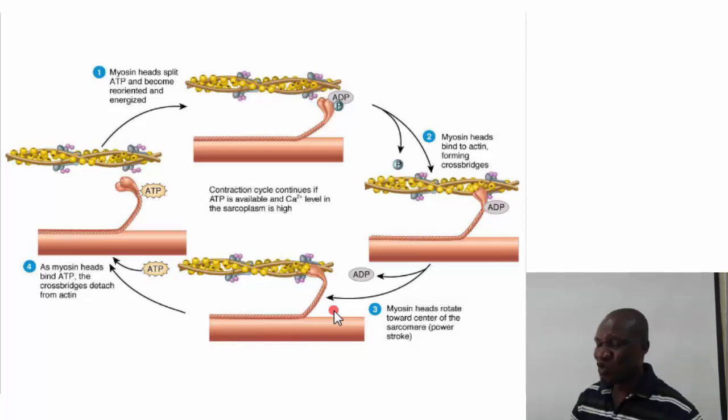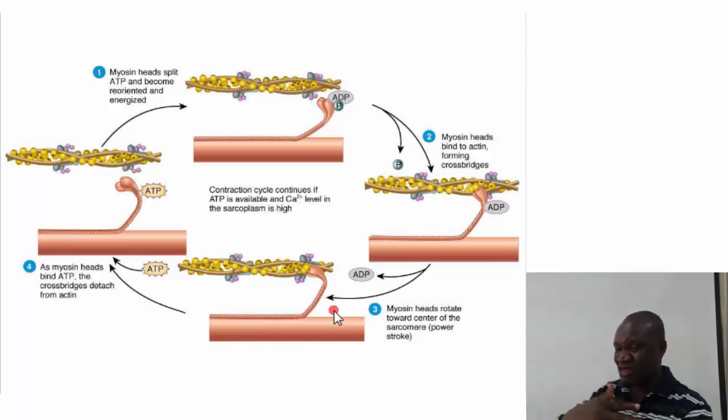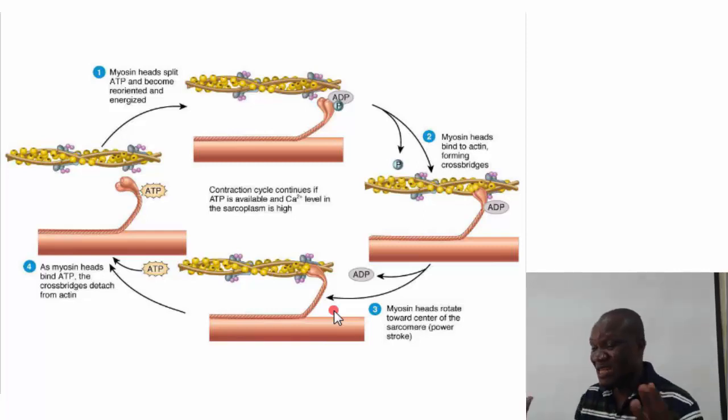This process is what we call cross-bridge cycling. The turning of the head and the power stroke make the thin filament glide over the thick filament, and this results in the generation of tension during contraction.